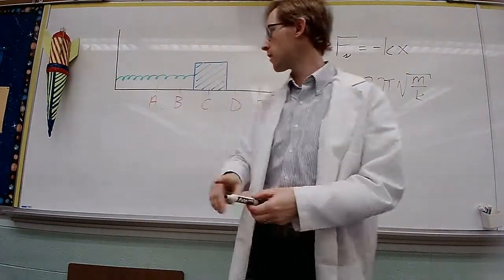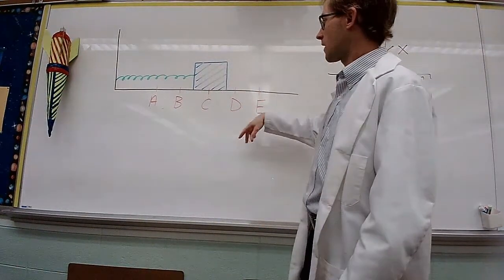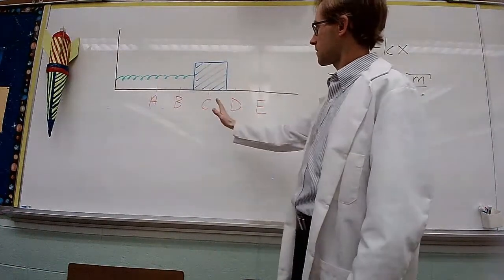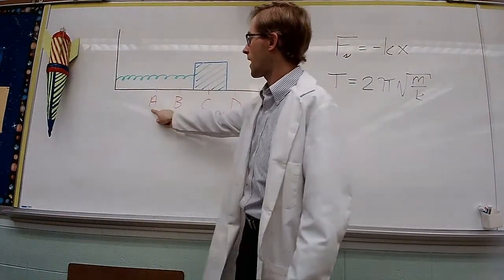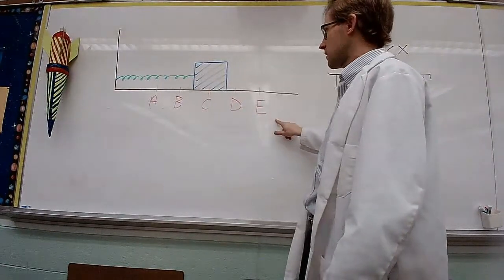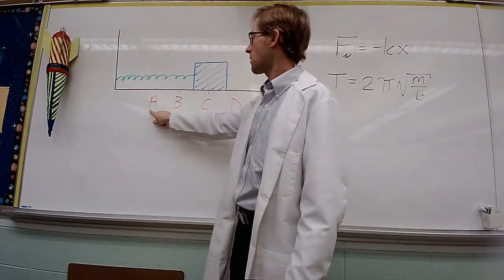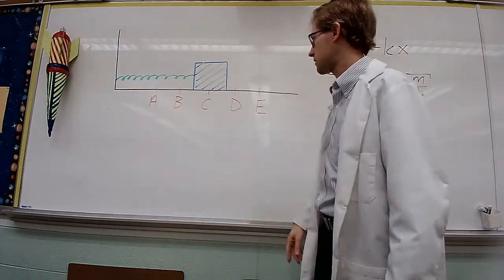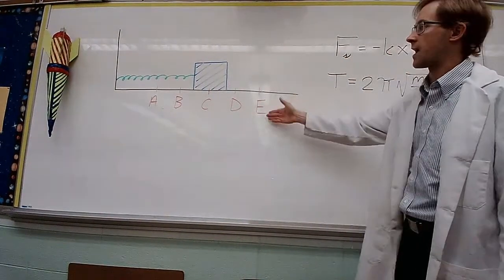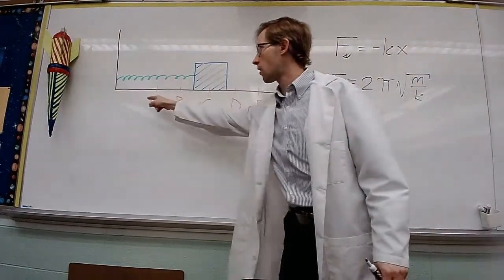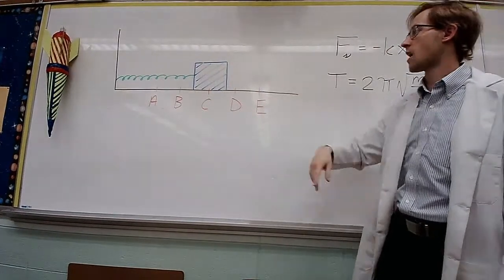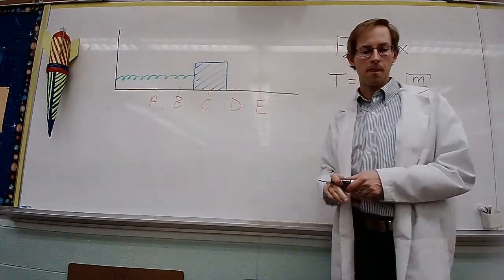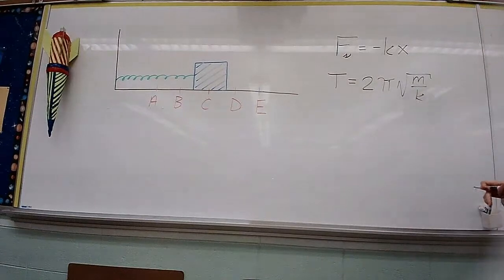So one period for this would be like if you start at letter A, it goes back and then it comes back to letter A right there. That would be one period of oscillation. Or you could start at E, and then if it goes down and then comes back to letter E, that would be your period.